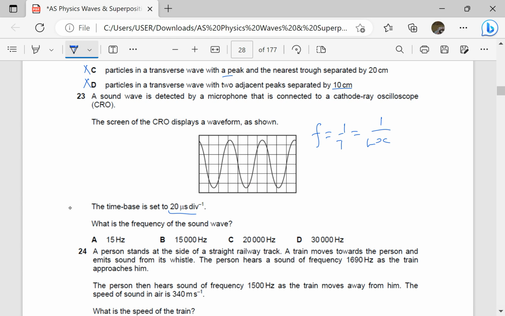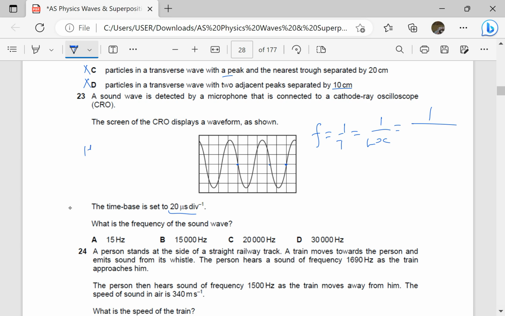So this is going to be 1 divided by the length representing 1 cycle. Let's look for 1 cycle if it is possible. I have to look for a point. Okay, this point is fine and this point is fine. So how many cycles are there? This is 1.5.